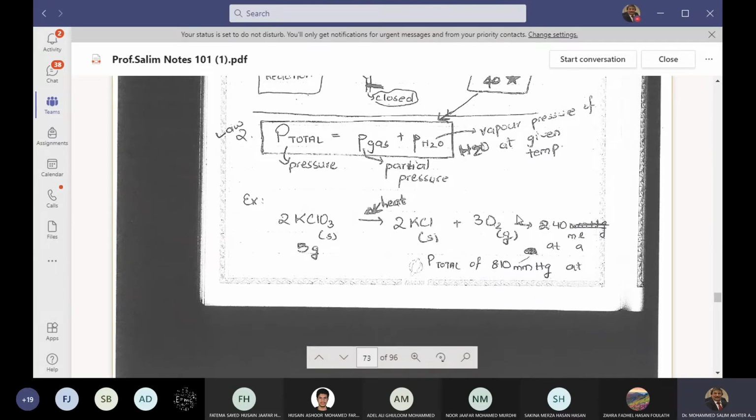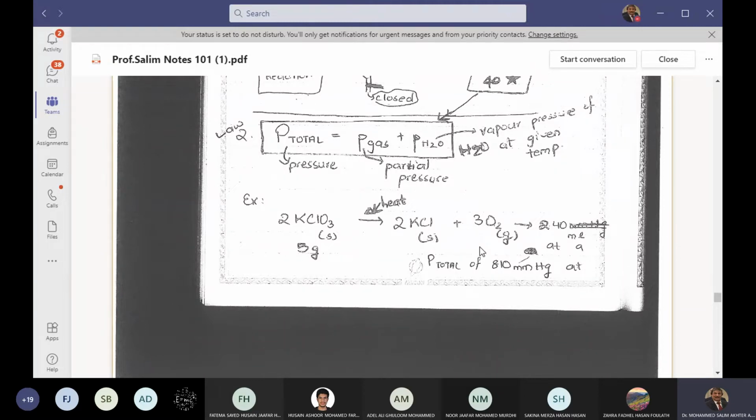I want to know what is the volume. Cancel this, please. I have 5 grams KClO3. I want to know what is the volume of oxygen gas. Please write it down.